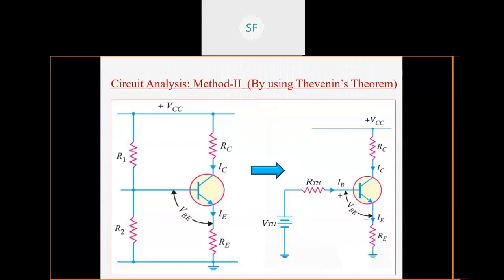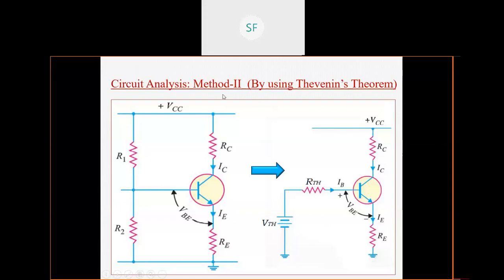If there are multiple voltage sources or a very complex resistive network, Thevenin can be used to simplify, and at the end you will be left with only VTH and RTH, that is Thevenin's equivalent voltage and Thevenin's equivalent resistor. Only two parameters will be there. So ultimately you can convert all the complex circuit into a simplified form by using Thevenin's theorem.